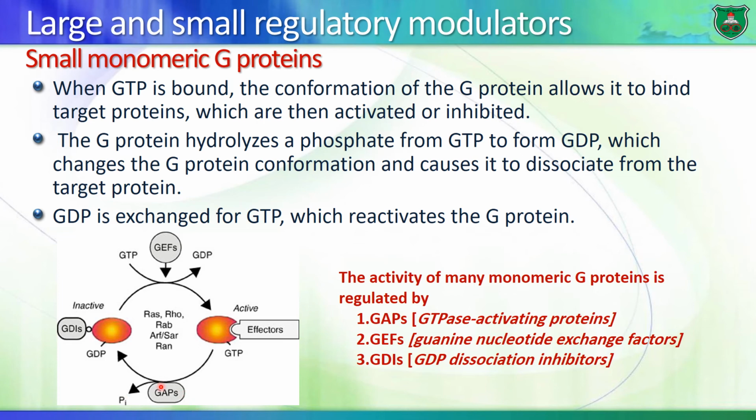So what GAPs do is activate the intrinsic GTPase activity, inactivating the monomeric proteins. The final regulators are known as GDP dissociation inhibitors. What these do is fix GDP onto the protein, keeping the protein inactive. So we have two inhibitors and one activator.